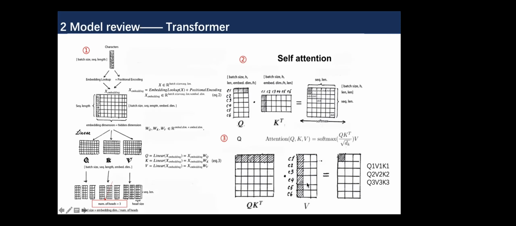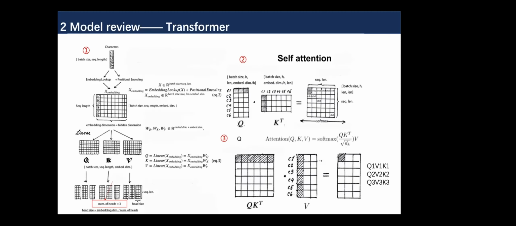Then we multiply by V at last. Because we have Q1, Q2, Q3, we actually have 3 parts of this matrix, and we combine them together to get a size the same as the input X. That's all of the self-attention mechanism, and we will use it later.